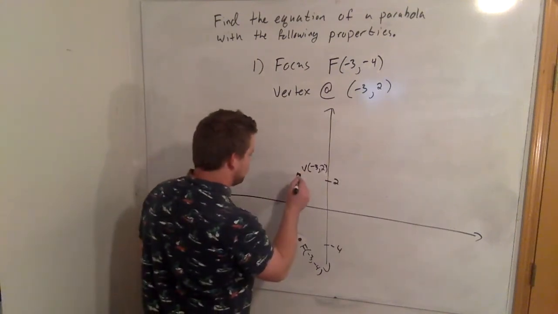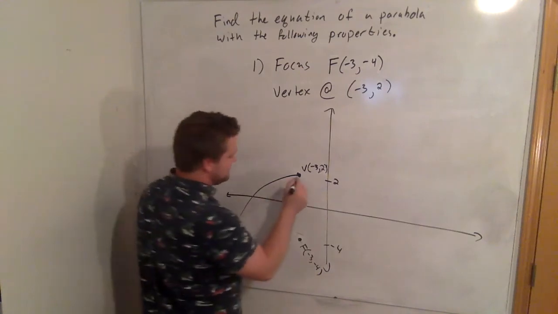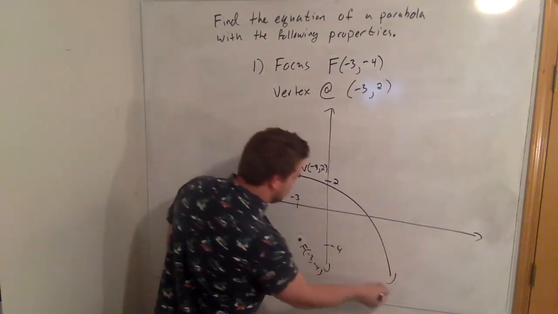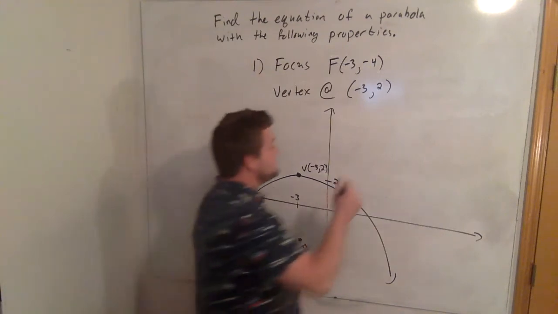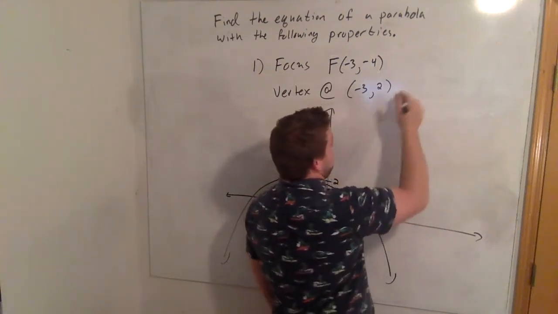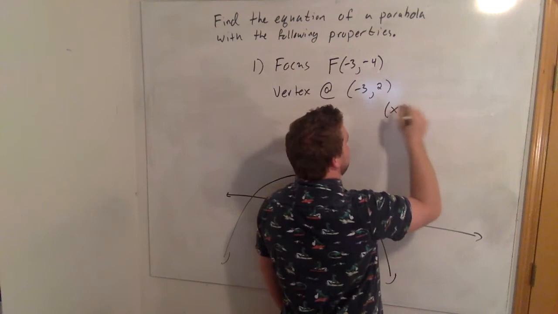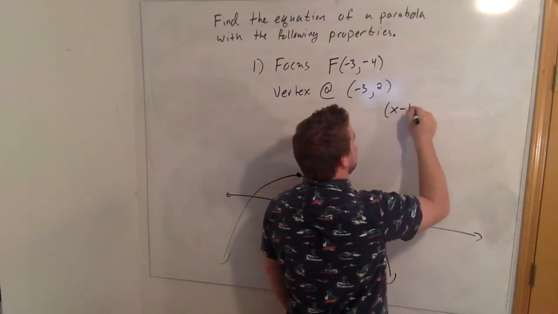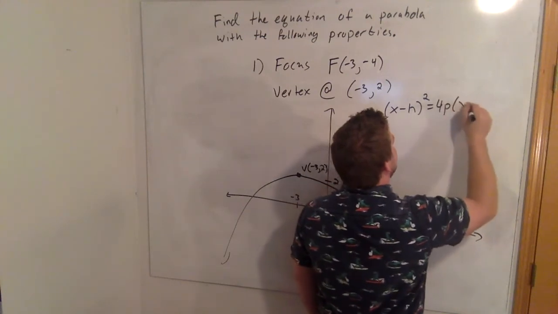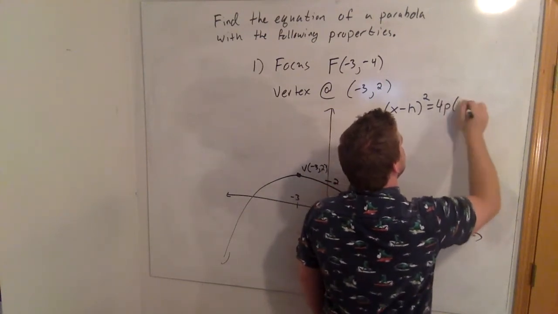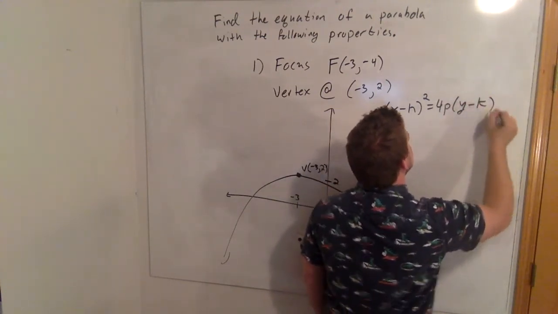So the parabola will look something like this. This isn't an exact sketch, but the parabola is going to be oriented downward. So this tells us that the equation will have the form: x minus h squared will be equal to 4p times y minus k.